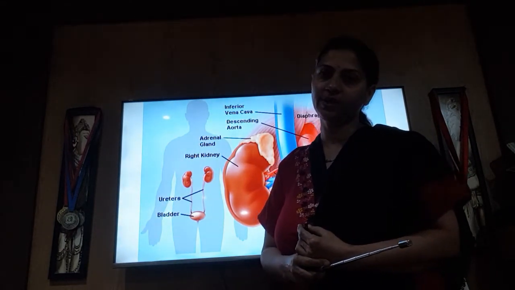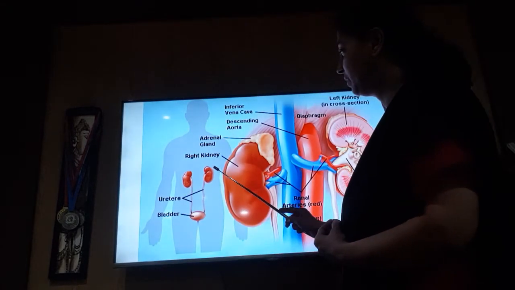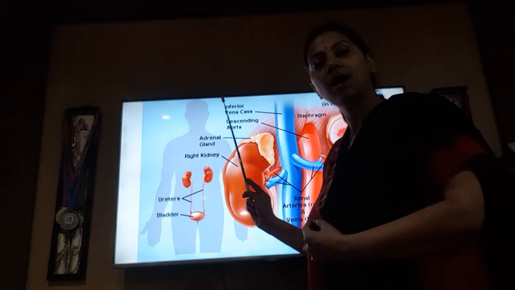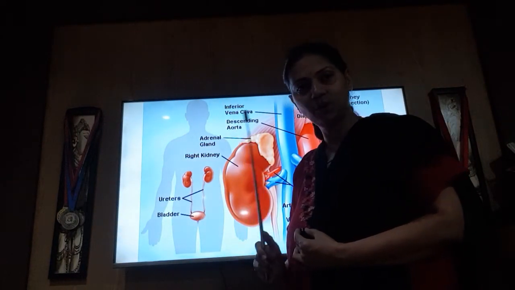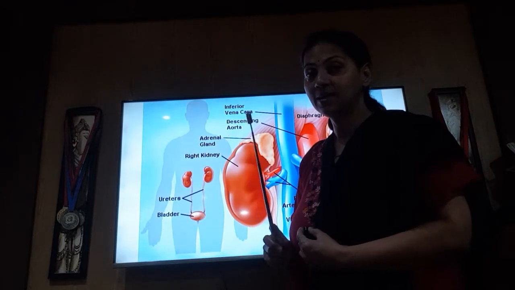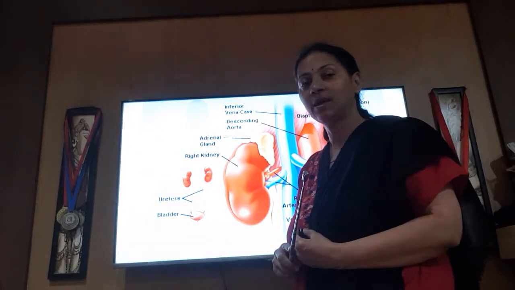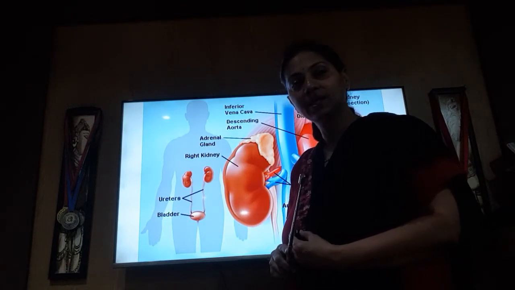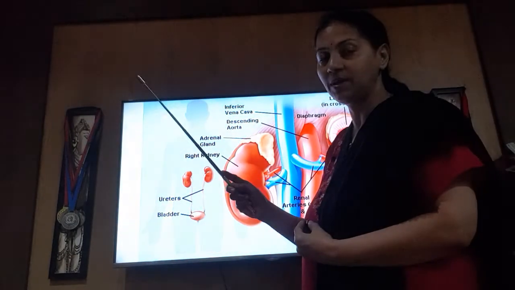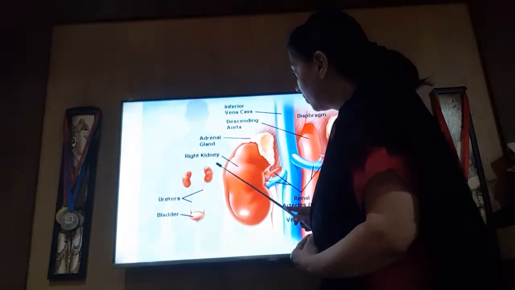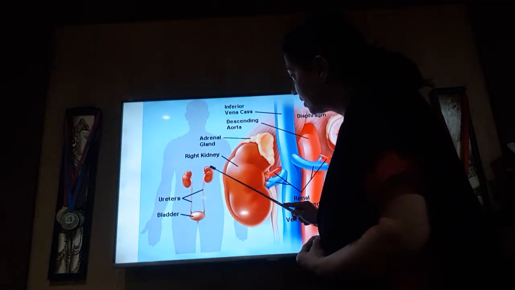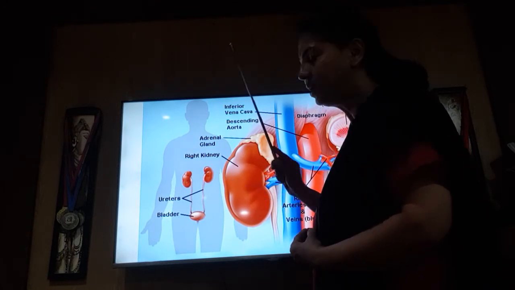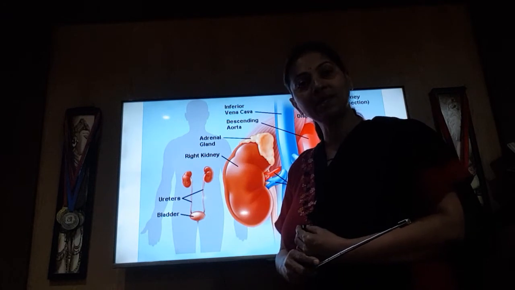Now we come to the left kidney. Now this is the left kidney. Again the upper pole is going to be related to the suprarenal gland. No issues about that. And as I told you in the beginning of the class, the spleen has a renal impression of the left kidney. So that means the spleen is related to the left kidney. So we have got a splenic area here. And the spleen was also related to the pancreas.